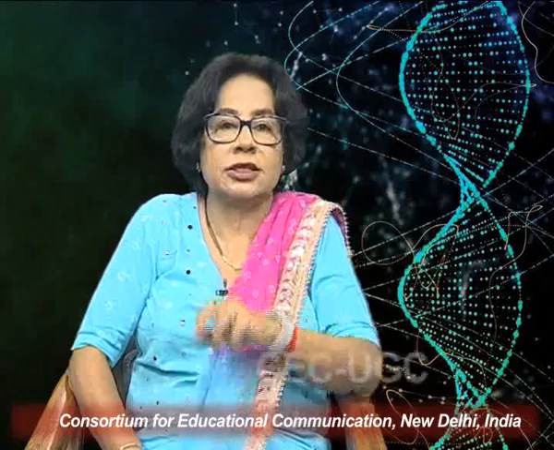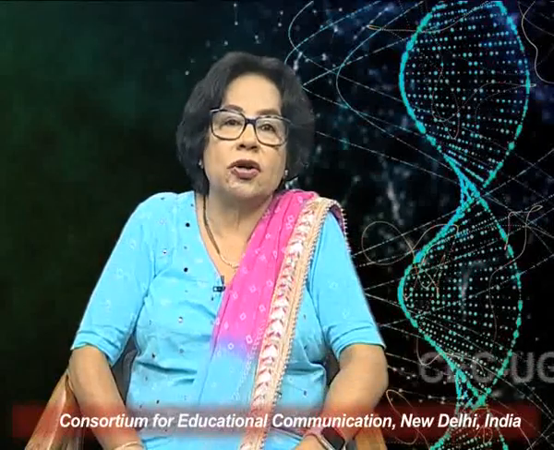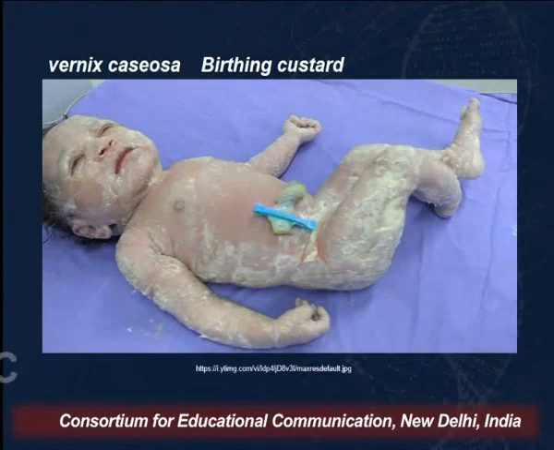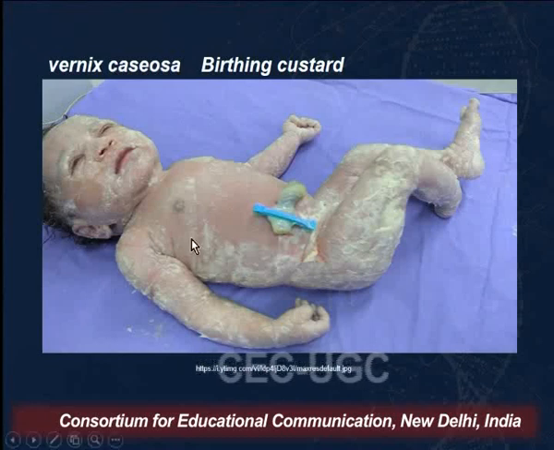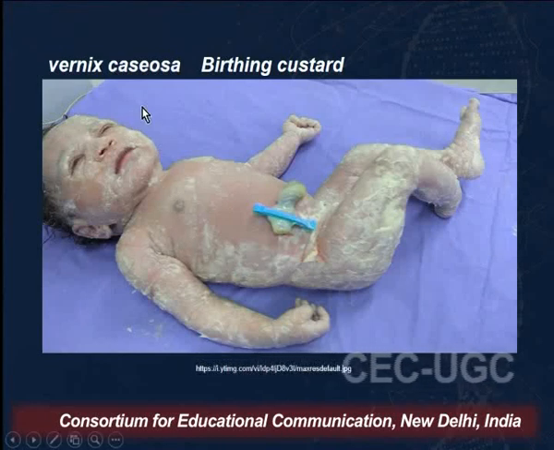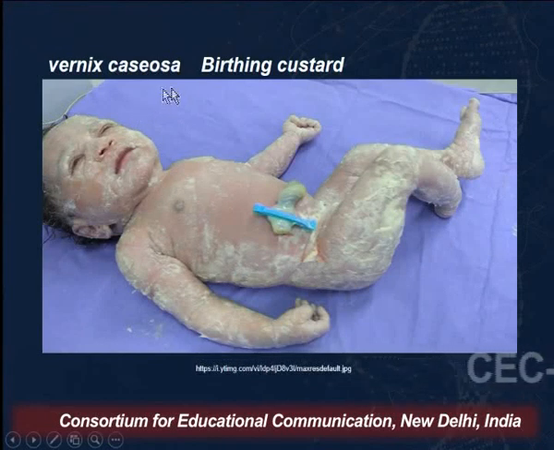This is very interesting. As you can see on your screens, a newborn baby is covered with a white waxy sheet, which is known as vernix caseosa, or birthing custard.